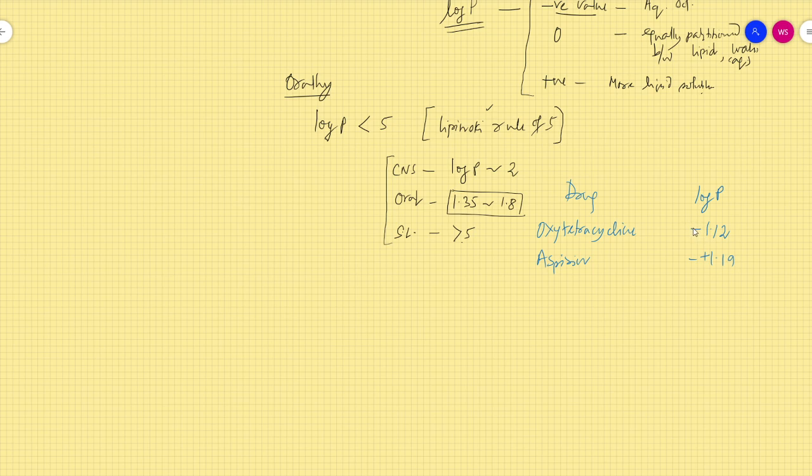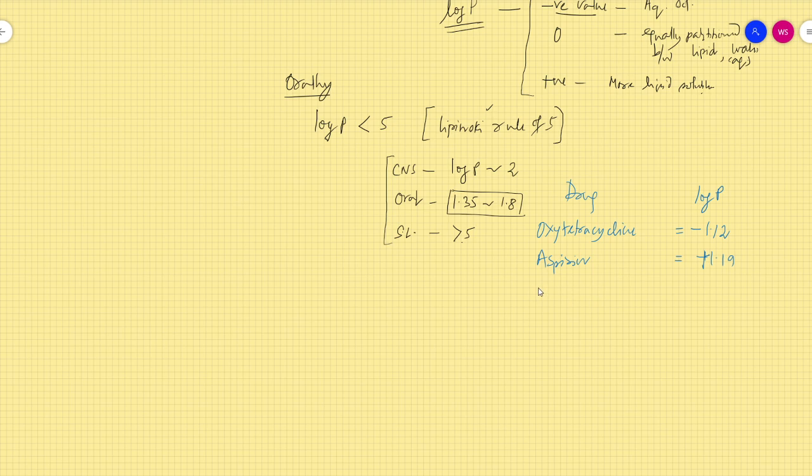Okay, that would remove the ambiguity there. Okay, so for aspirin it is plus 1.19, and for oxytetracycline it's minus 1.12.